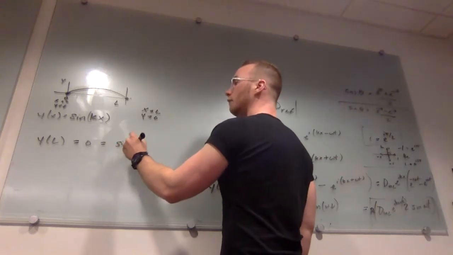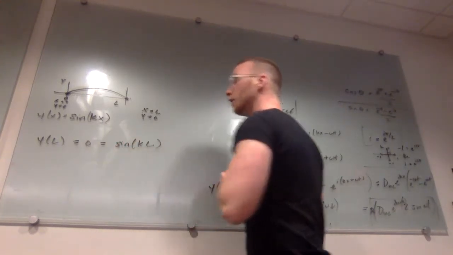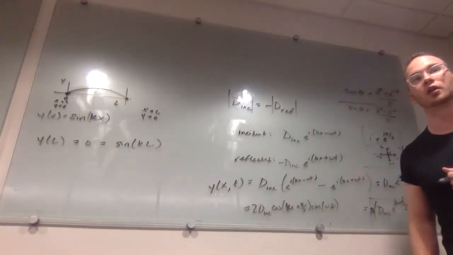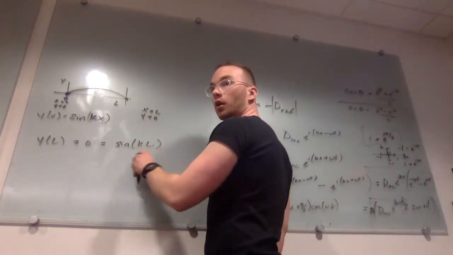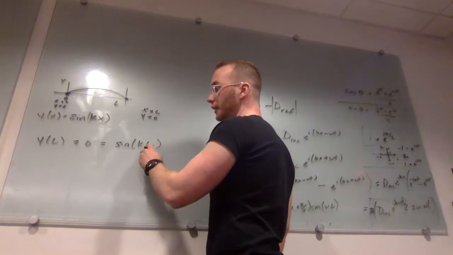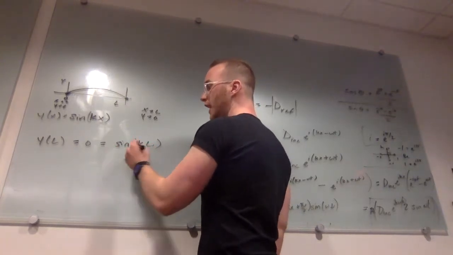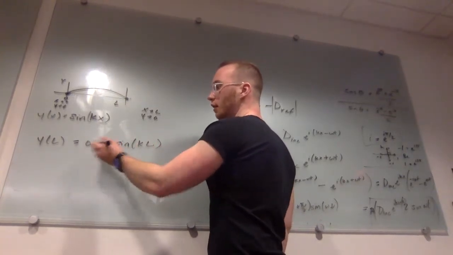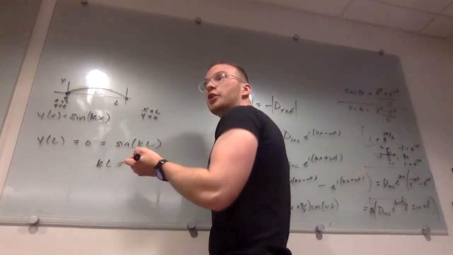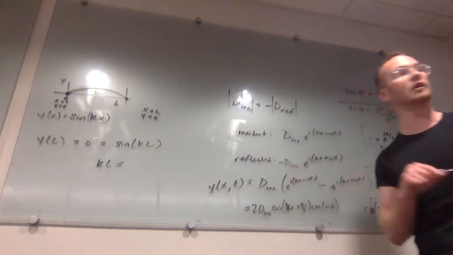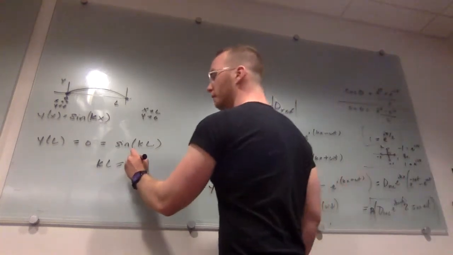So we get sine of kL has to be 0. Now, kL is a number, right? There are no variables in here anymore, it's just a number. But sine of some number is only 0 if that number is what? The only things where, when you take the sine, you get 0 are things of the form n pi.